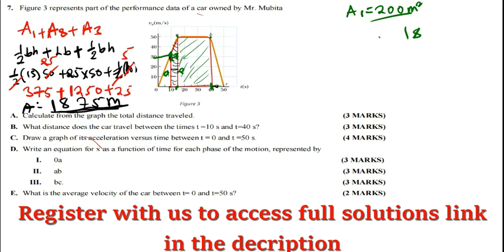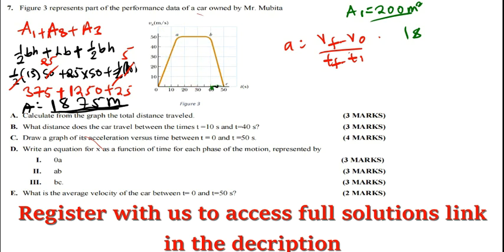Acceleration is v final minus v initial divided by time. So time is also t final minus t initial. Let me put it that way for the graph. I'll say t final minus t initial. So we have been given here, how many journeys do we have? We have 3 journeys.